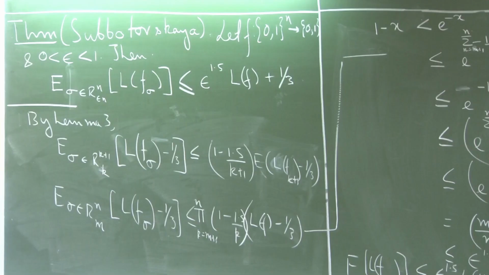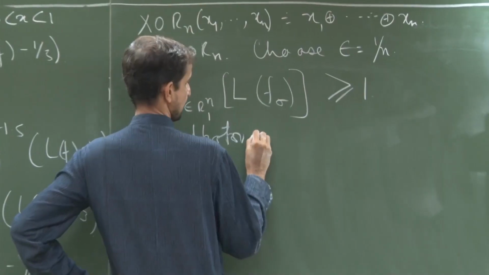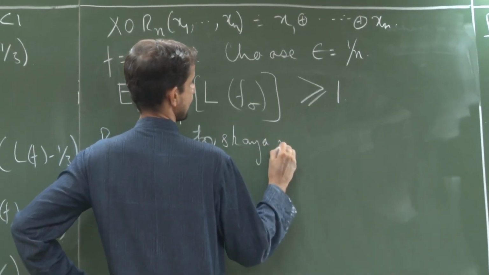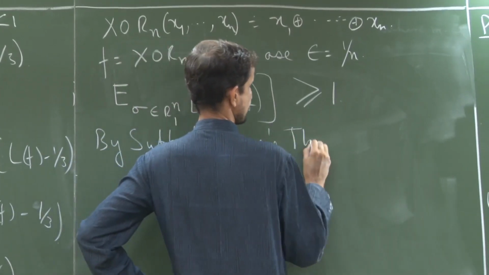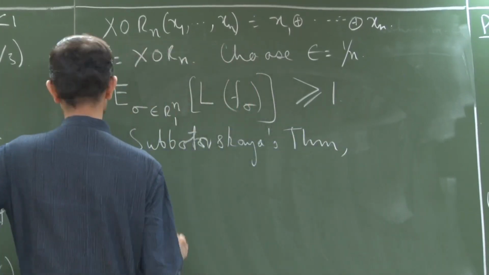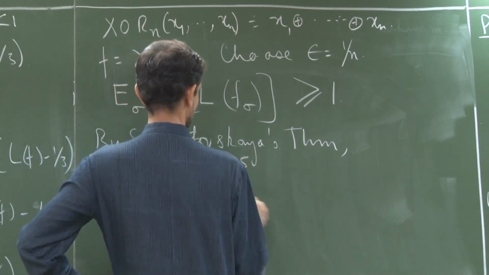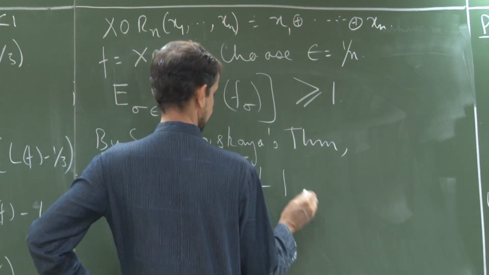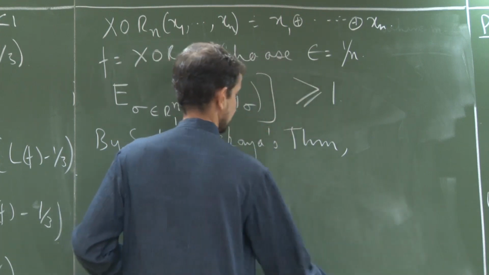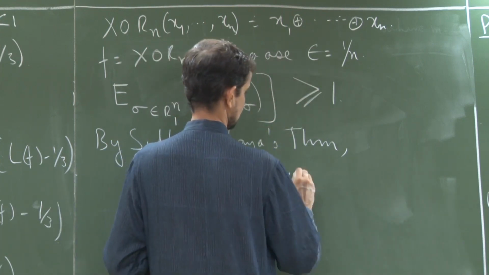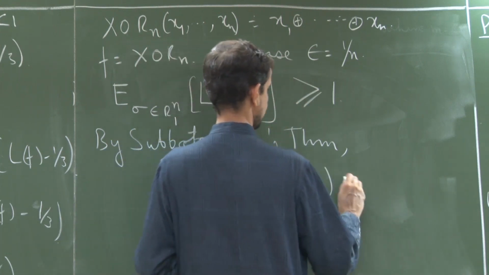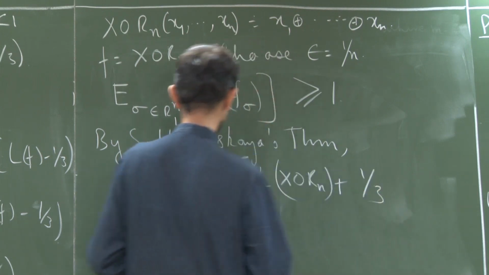Okay. So we have this, and now we will just apply this theorem over here. So this is greater than or equal to 1, and combining with Subbotovskaya's theorem, what we have is 1 is at most epsilon to the power 1.5 times L of XOR n plus 1/3.